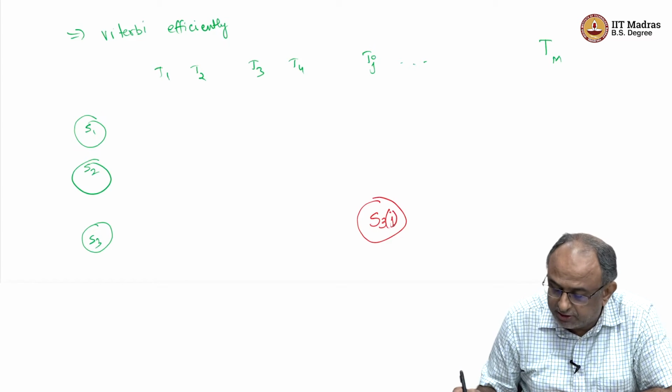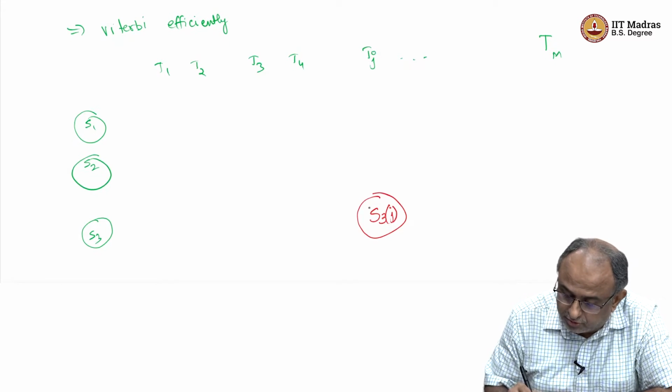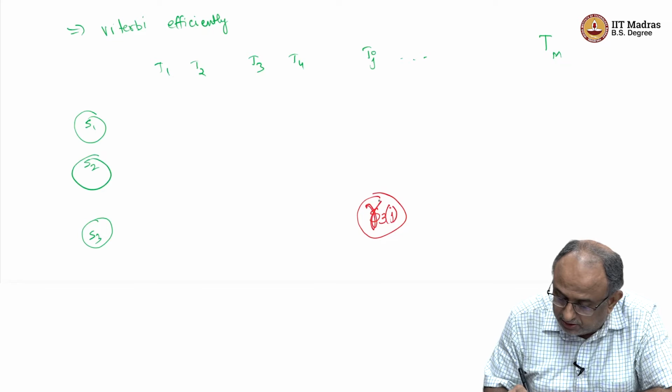So, what does this mean? We are going to call it gamma 3j.